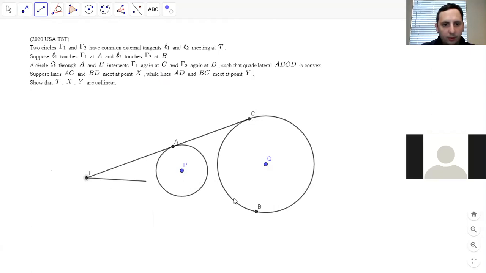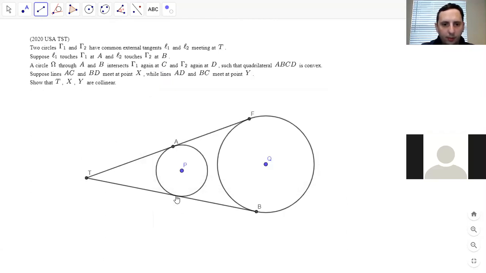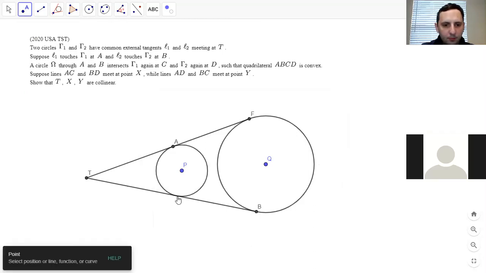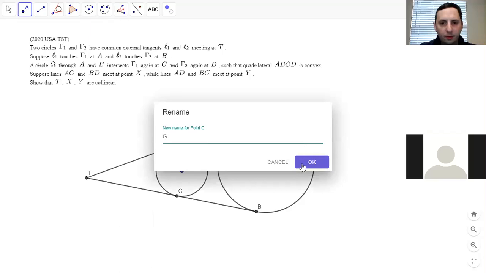We don't want to call that C, because there's already a C. So we could call this F, and this G. All right, that looks better.